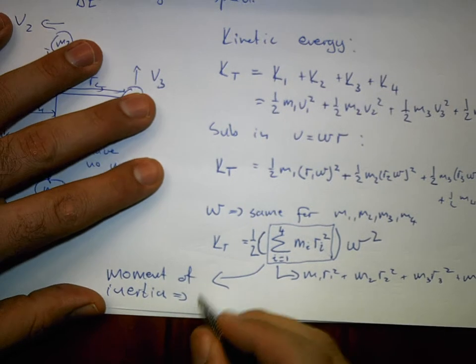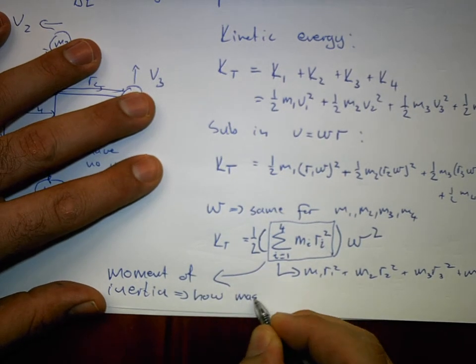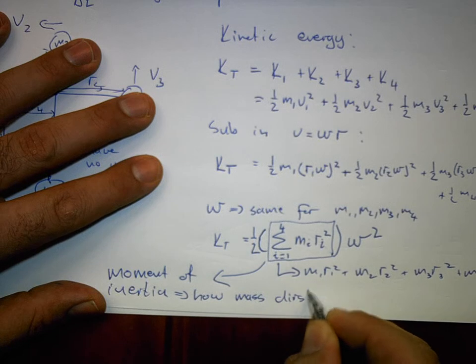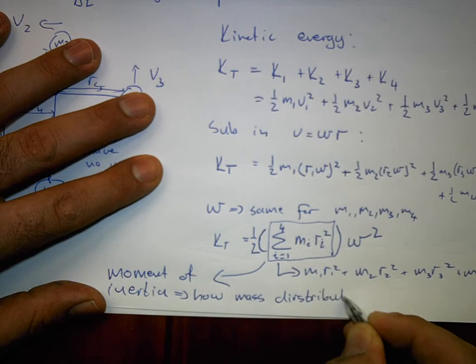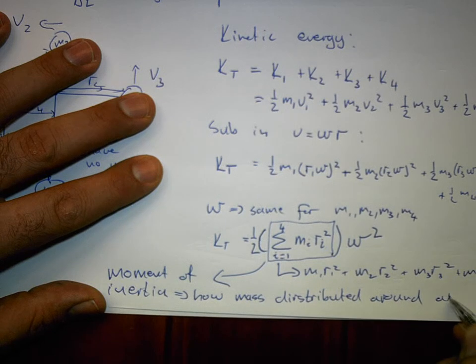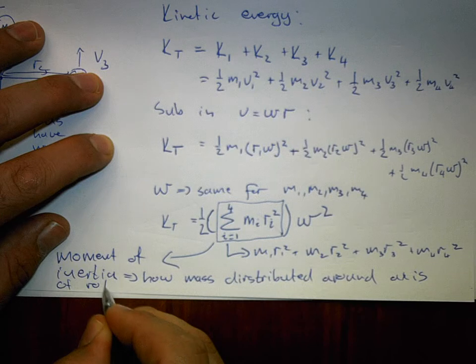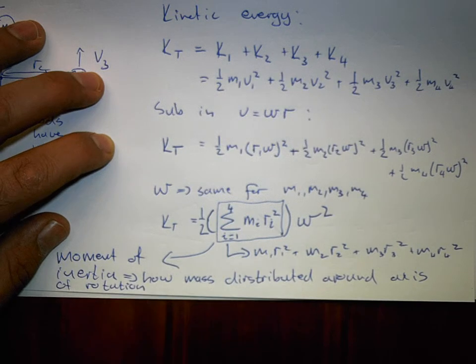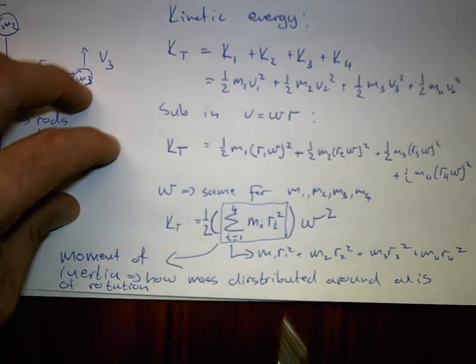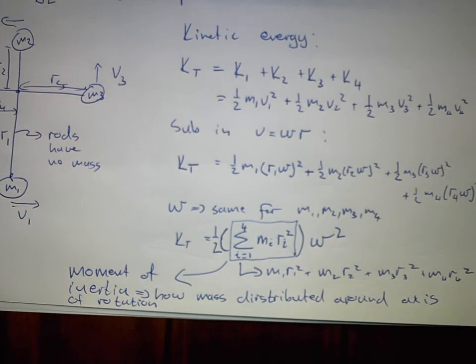It's a measure of how mass is distributed around the axis of rotation. And it's something that you can typically calculate. If you've calculated it once, you basically know what it's going to be, unless the mass distribution changes.